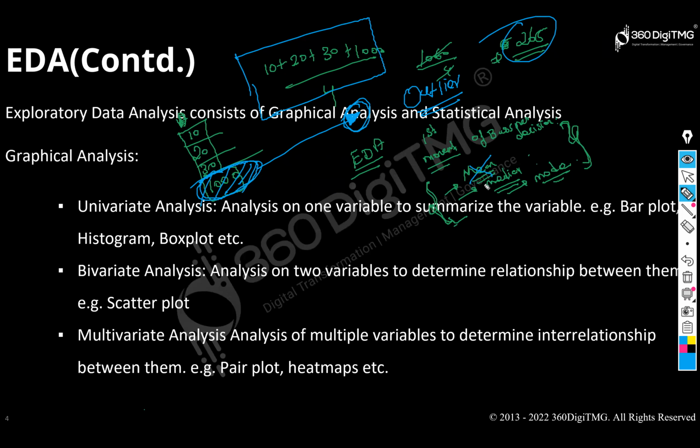Wonderful. Median. Median will do what? It takes the middlemost value. If there are 4 values, 1, 2, 3, 4, there is no single middle value here, so it will take these two and take the average. Median will also arrange the data in ascending order, so that it will not get influenced by outliers.